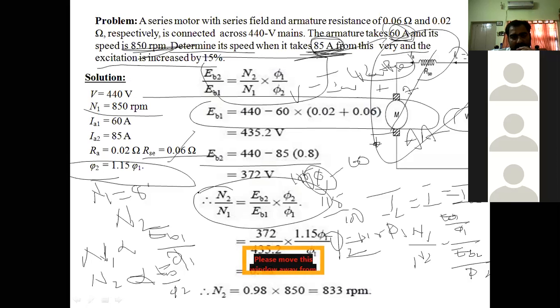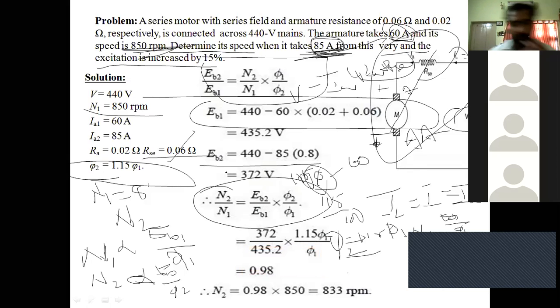By placing this in the equation, you are going to get the value which he has asked us to solve. From this, you are going to get the N2 value. This is the process to solve the problem.